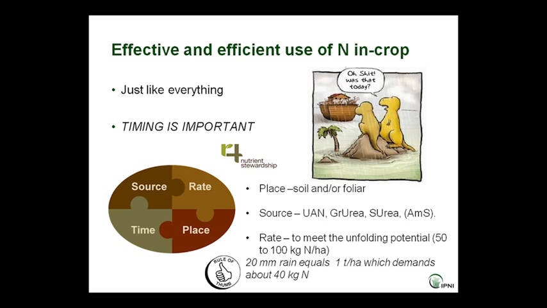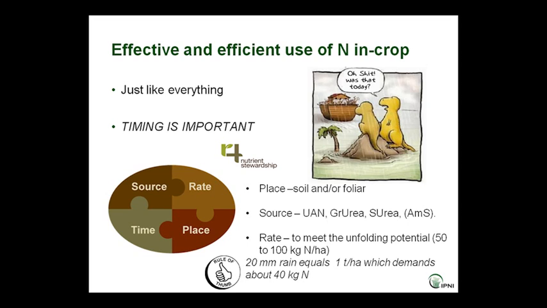So just focusing on that in-crop nitrogen management, not particularly worrying about the nitrogen management pre-crop, but just like everything, timing's important. Timing is probably the key, but we've also got to think about the place, whether it's soil and or foliar, the source, and there's probably 4 common sources that we'd use: UAN, granular urea, solutions or maybe ammonium sulphate, and the rate to meet the unfolding potential.